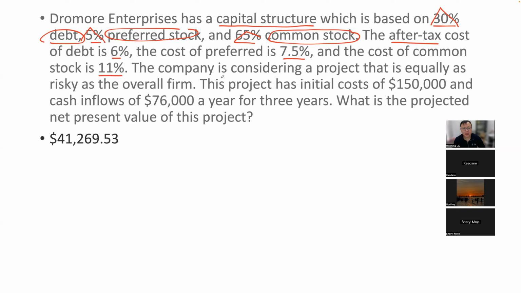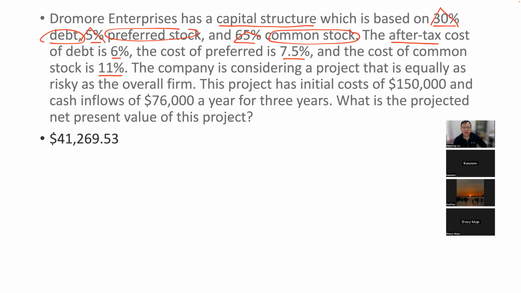Okay. So the company is considering a project that is equally as risky as the overall firm. This project has an initial cost of 150,000 and cash inflows of 76,000 a year for 3 years. What is the projected net present value of this project?